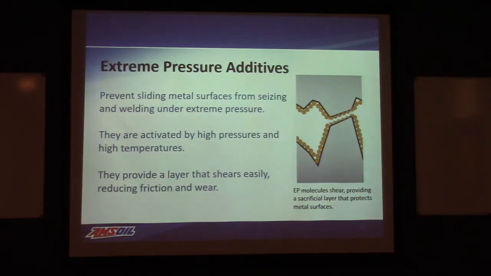We can have what they call extreme pressure additives. They function somewhat like what anti-wear additives do. However, pressures generally have to be more extreme for these types of additives to function. These additives are strong.